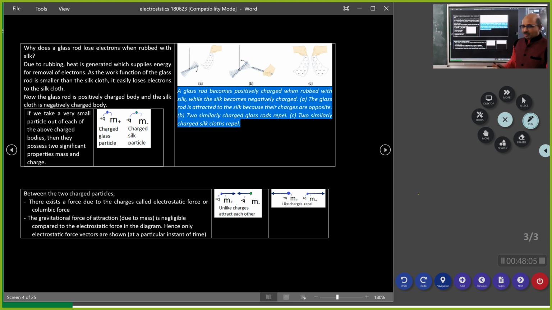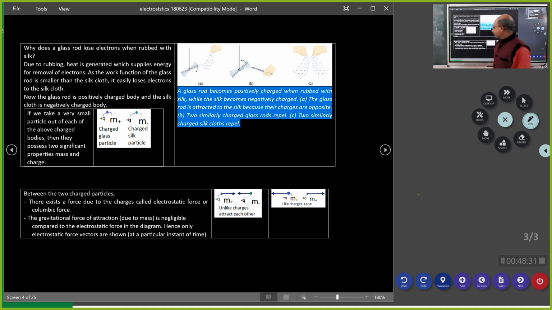So I got two charged particles. When I told you Coulomb's law, I said consider two point charges. So these are the two point charges that we take into consideration.